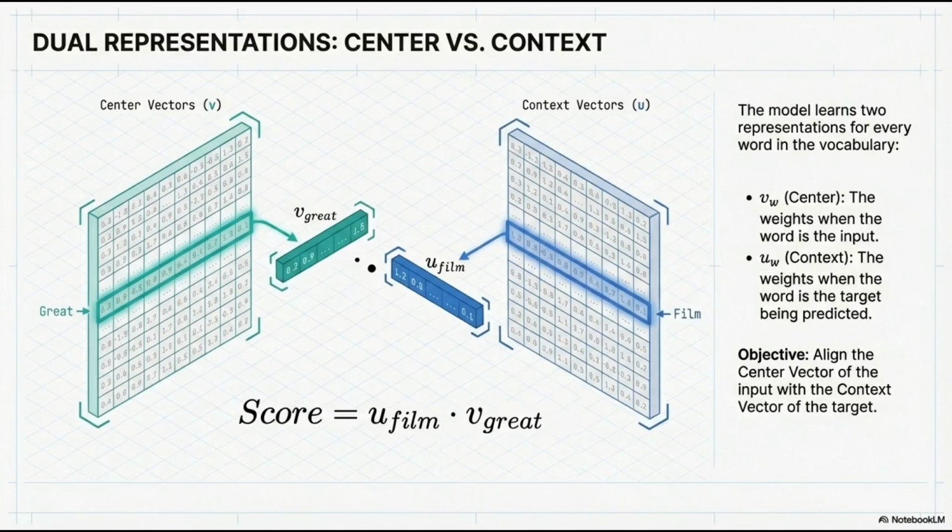Second, we have the context vector, which we call U. We use this when the word is the target we're trying to predict, like film. During training, we're constantly trying to match the center vector of the input to the context vector of the target.